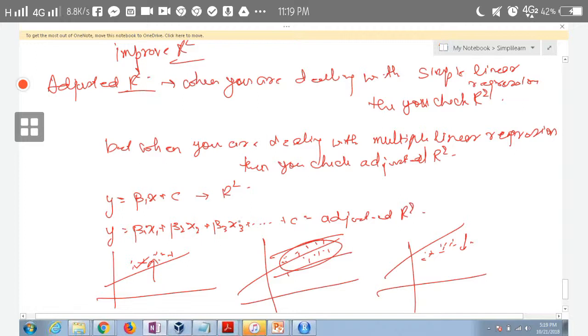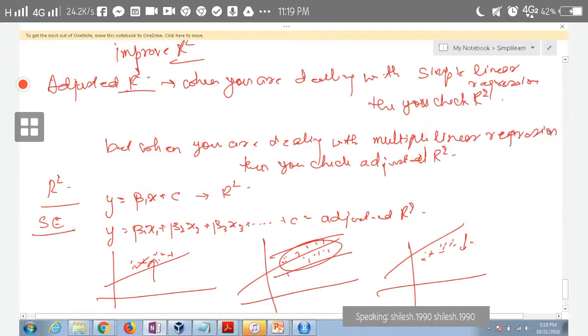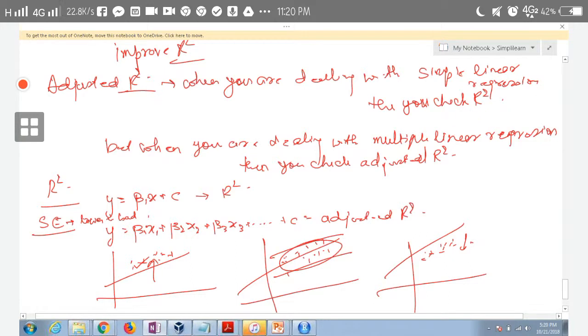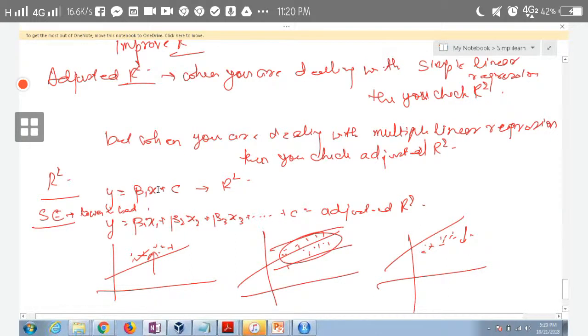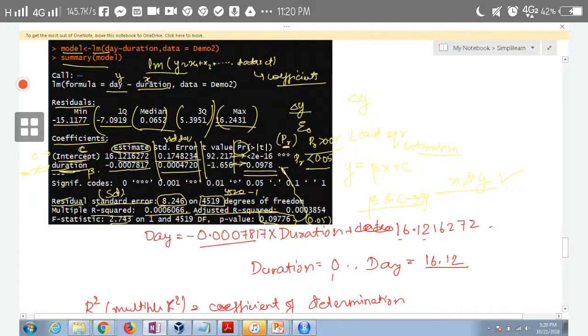So you check two things. One, obviously the R-square value, and two, the standard error value. And if it is lower, it says that it is not good. Lower is bad, like in this case. Standard error is very, very low for duration over here.